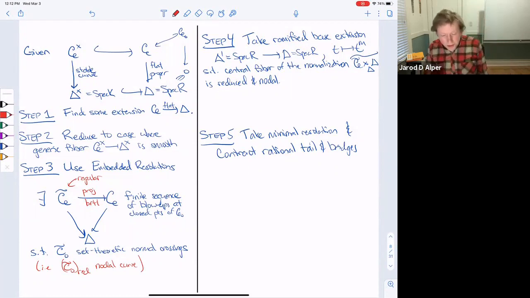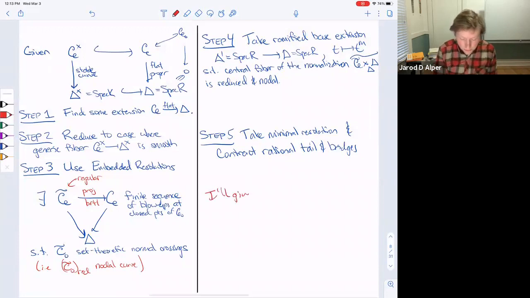And then the final step, once you make the central fiber reduced and nodal, you now have a family of nodal curves, and you can take the relative stable model or the relative minimal model, and you just contract the rational tails and bridges. So these are the 2 steps. I'll give more details on 4 and 5.